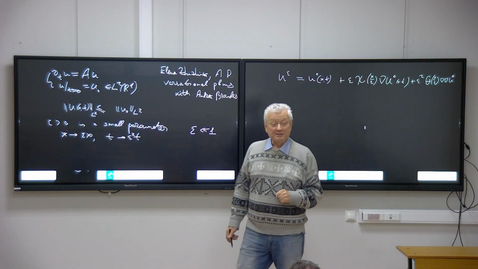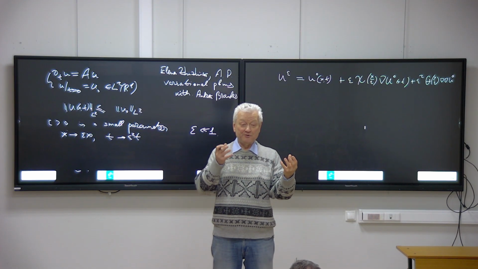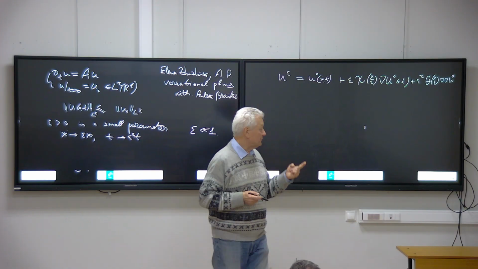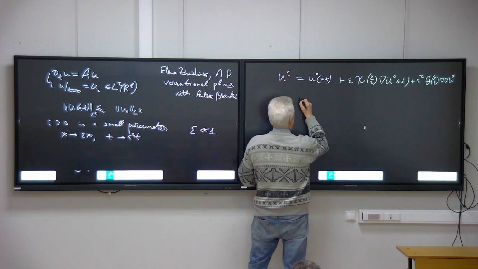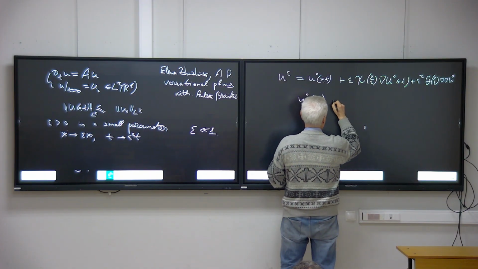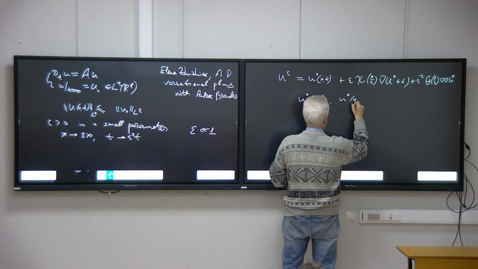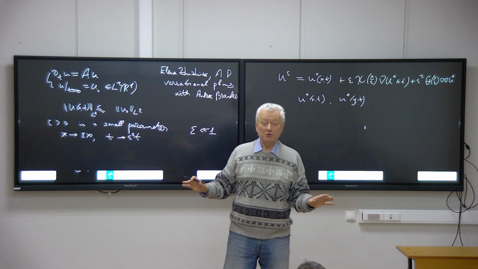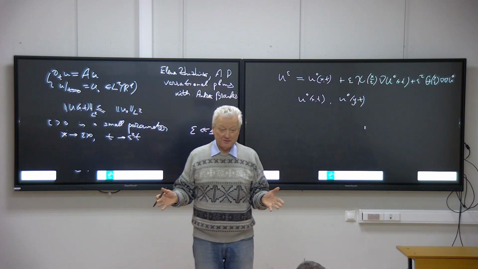Here it's not the case anymore. Why? Because we evaluate this difference at two different points. We will have u0, for instance, of x,t, and u0 in the other expression of y,t. It seems that the method is ruined by this. It doesn't work.